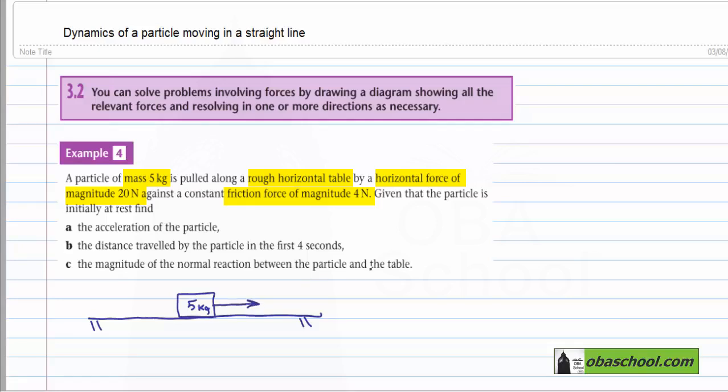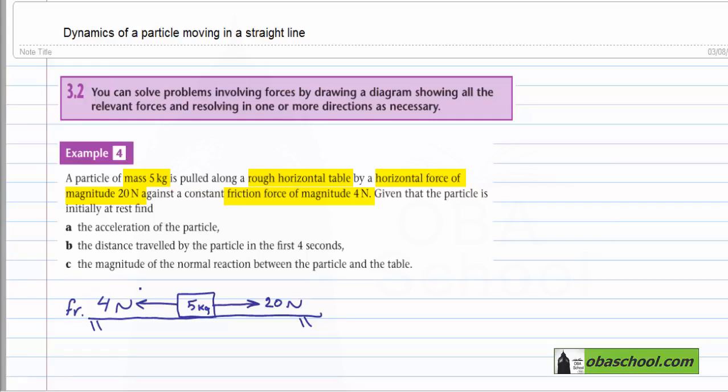The magnitude of this force from the above given is 20 newtons. Moreover, this particle is pulled against a constant friction force of 4 newtons. So the friction force is against the pulling force and the motion of the particle with a constant magnitude of 4 newtons as shown.